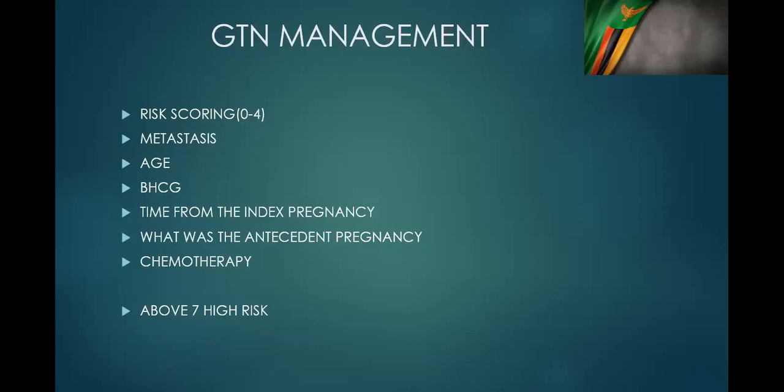Some places give 2 drugs, actinomycin D and methotrexate, but a lot of research has shown that whether you give 2 drugs or methotrexate alone, the response is very similar. So if you have a low risk, they get just methotrexate, like we explained. And if you have a high risk, they get those 5 drugs.